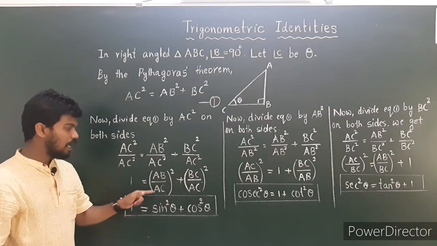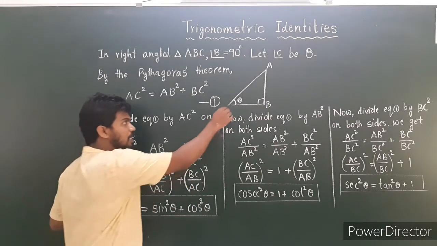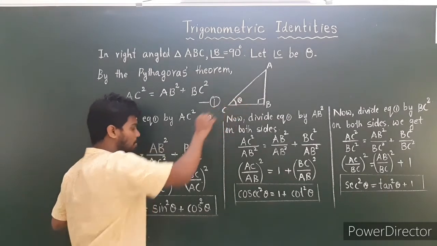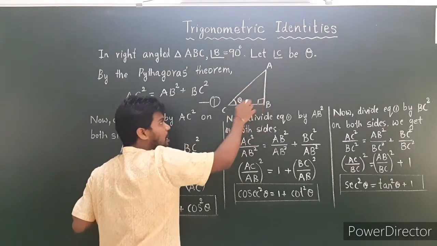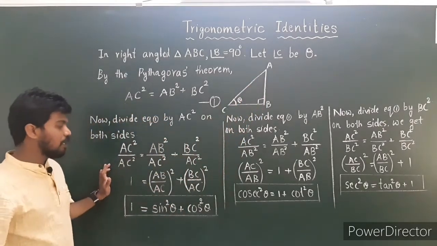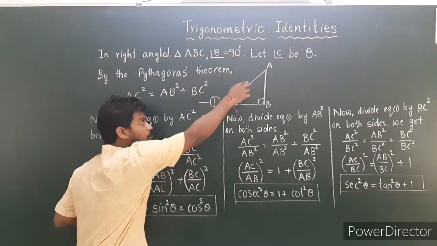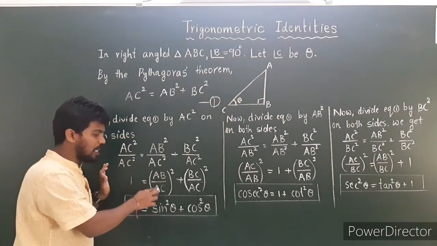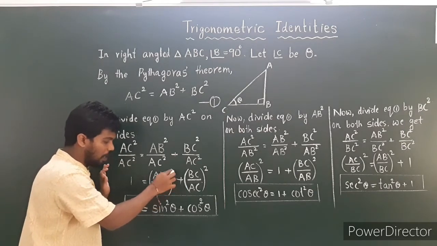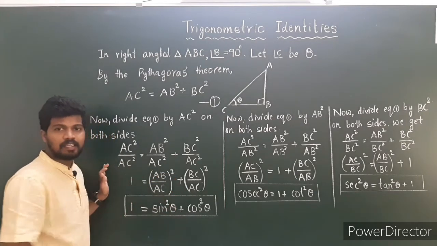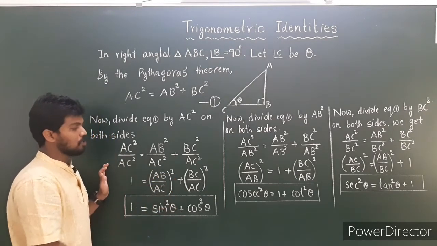Now AB by AC. You see that angle theta is here. What is AB? AB is the opposite side for angle theta, and AC is the hypotenuse. Opposite side by hypotenuse is sin theta, so sin square theta.